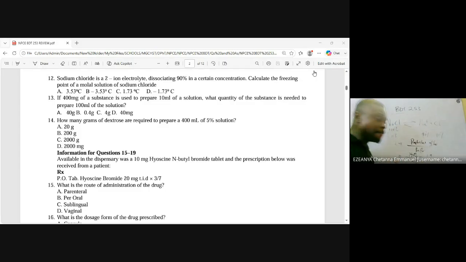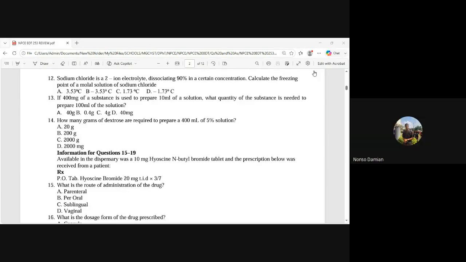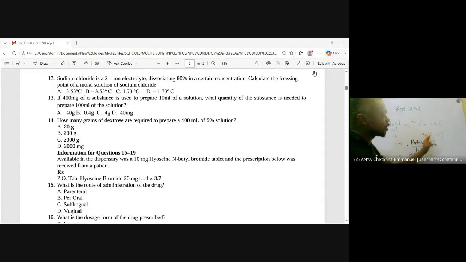But if it dissociates 90%, that means it will yield 90% sodium ion and 90% chloride ion. Even if it were a trivalent ion dissociating into 3 ions, it would yield another 90% of the other ion. But this is a two-ion electrolyte, so it turns into 90% sodium and 90% chloride. The 10% particles will remain here.